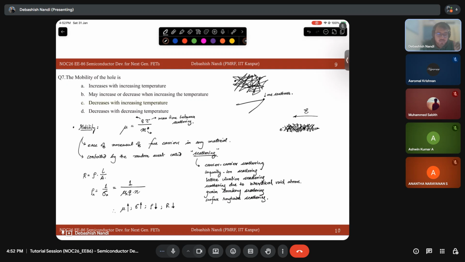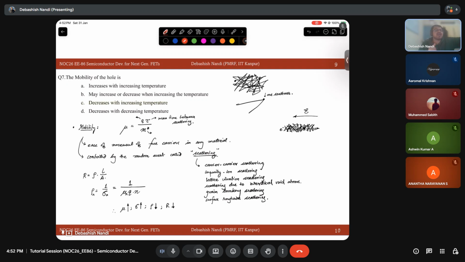Fine. In semiconductors, we have two most important kinds of scattering phenomena that determine the mobility. In case of bulk semiconductor, bulk means it is one single block. If you are at any atom, if you look in any direction, you will see a similar kind of arrangement. What about an interface or junction?